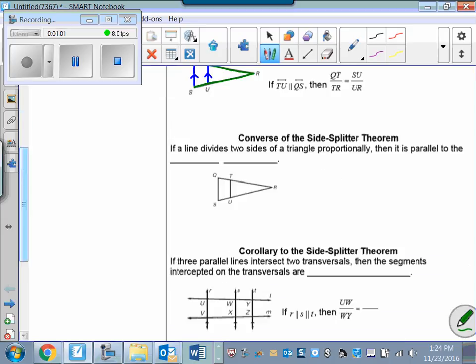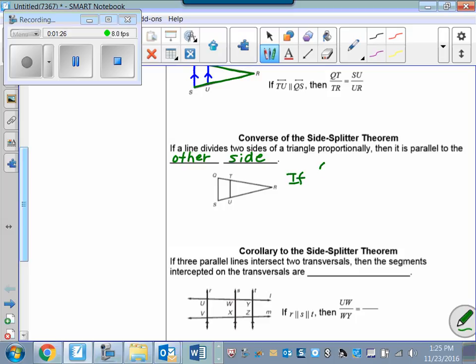All right, and then of course we have this converse of that theorem, which is also true. It says if a line divides two sides of a triangle proportionally, then it is parallel to the other side of the triangle. So it would just be the converse of this.